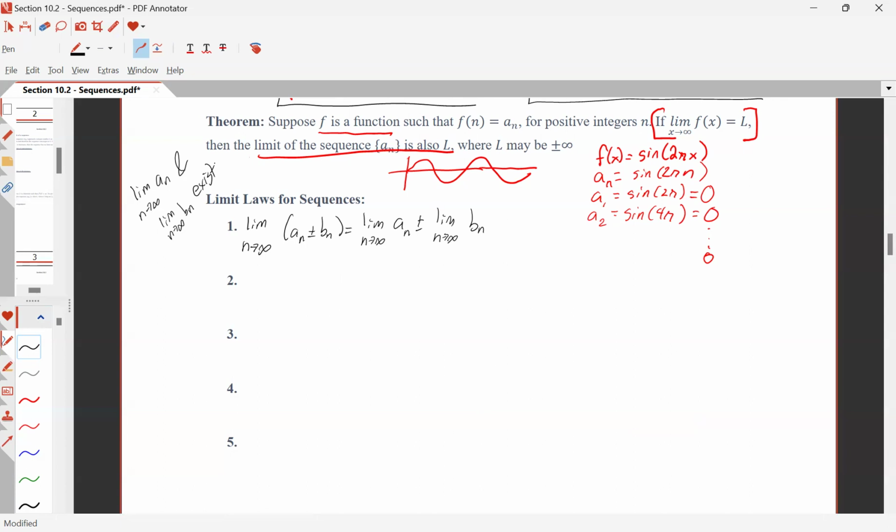So next limit law is the one that comes up on everything, is if I'm multiplying by some number, I can pull that number out and look at the limit of everything else. Very typically, we follow that up with a multiplication rule, where if I multiply two sequences together, I can multiply those limits.